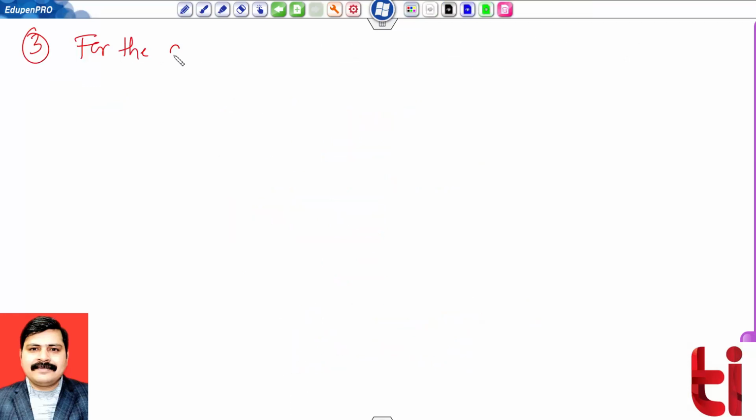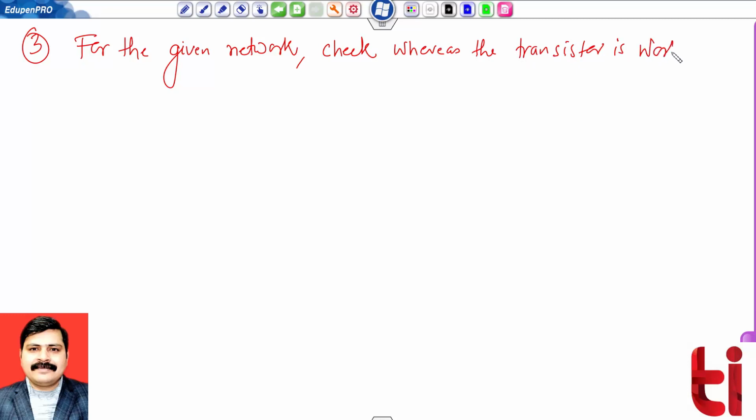For the given network, check whether the transistor is working in active region or in saturation region.